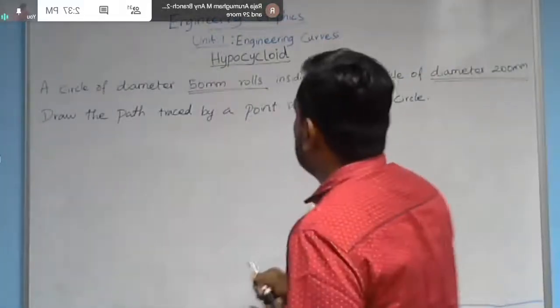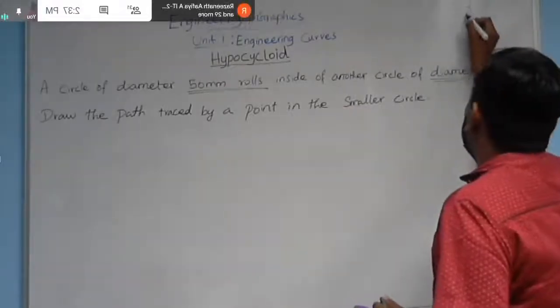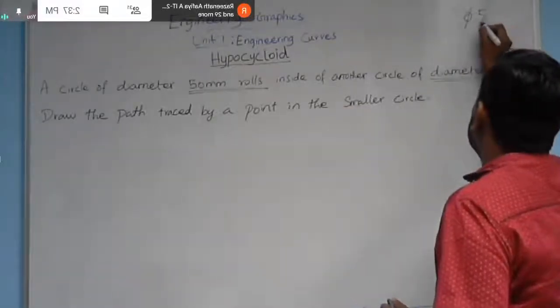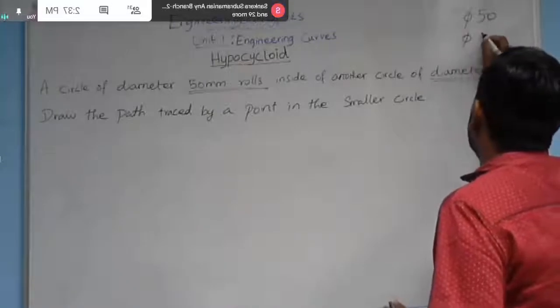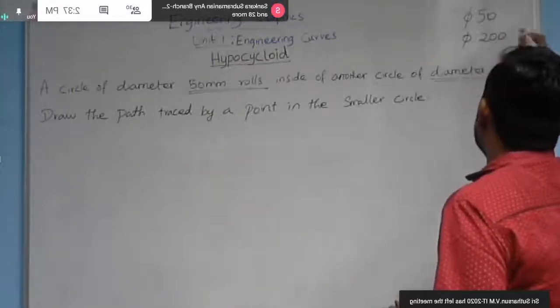I need to note two things importantly. The diameter of the generator circle is 50 mm. The diameter of the director circle is 200 mm.